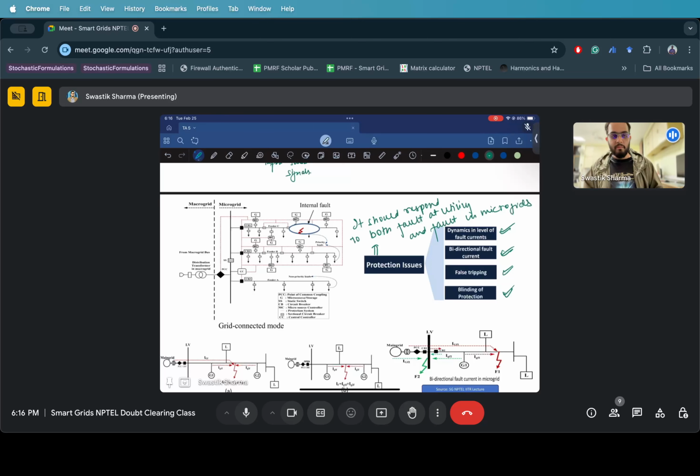Only then can it be considered a reliable protecting device, right? Last week we discussed the different metrics by which we judge the level of protection we receive from the relays, and one of the metrics is reliability, right? And for this reliability there is inherent redundancy that we require, right?